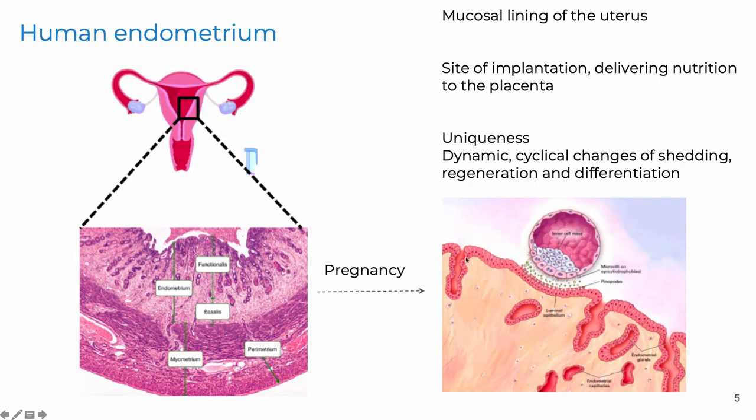This epithelium has a luminal epithelium that establishes communication with the developing embryo, and also has invaginations or glands full of secretions that provide nutrition to the embryo during the first stages of development.